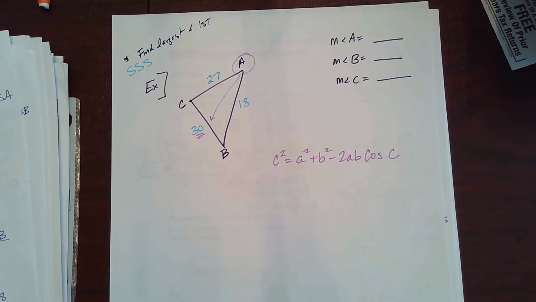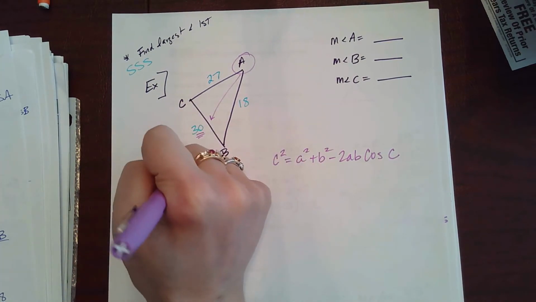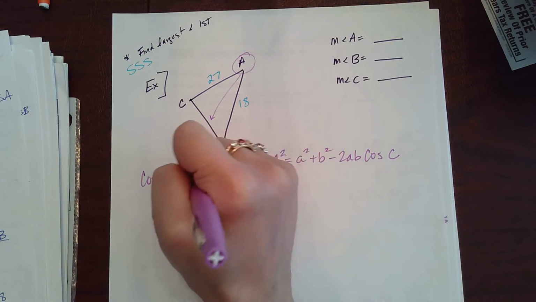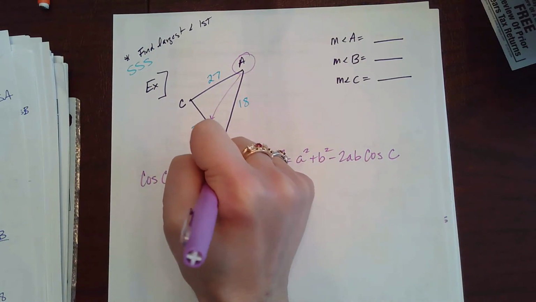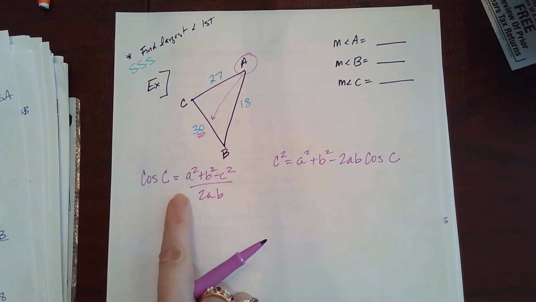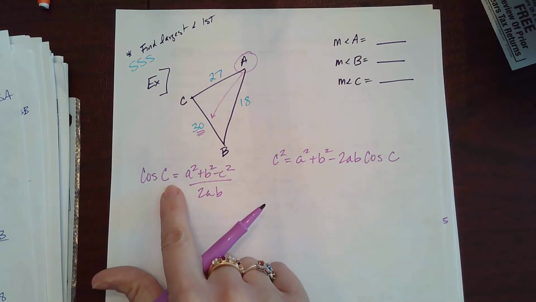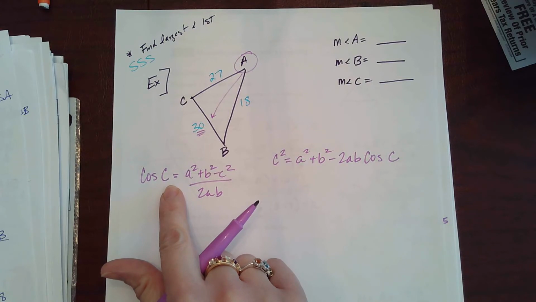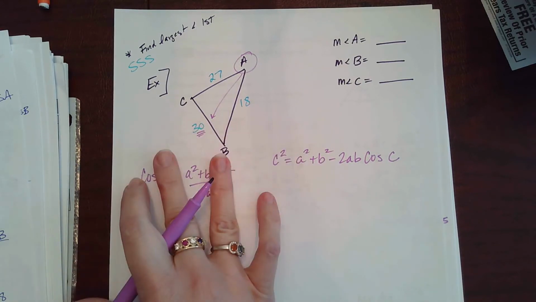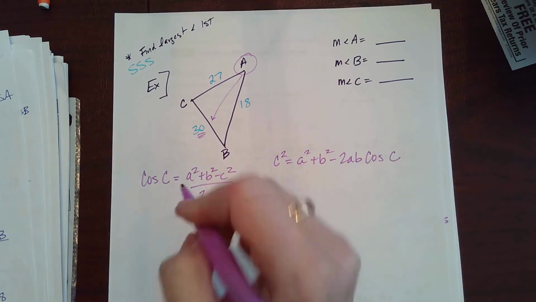You may learn another formula where they rewrite it, so it would look like this: cosine of C equals A squared plus B squared minus C squared over 2AB. You might see this equation, and that's okay. I don't like to use this one as much, especially for anybody who wants a challenge, because then you have to memorize another formula, and I want you to be able to manipulate this one more.